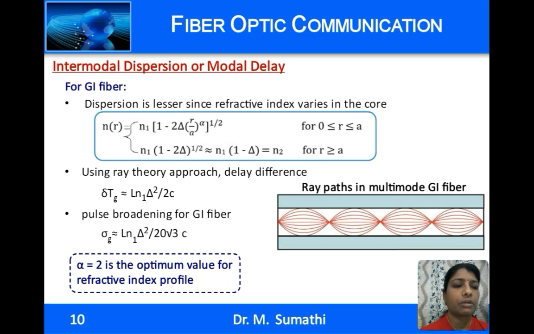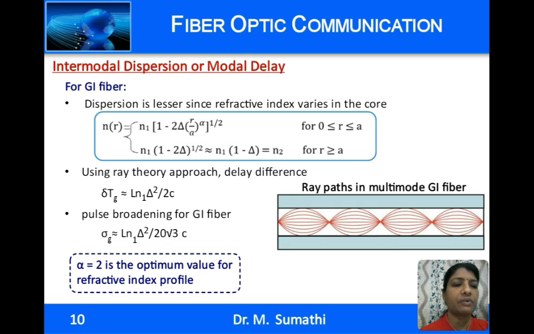And therefore, the other rays that travel a longer distance towards the outer part of the core will be encountering a lesser refractive index of the material. So this variation in path distance difference is compensated by the variation in refractive index.